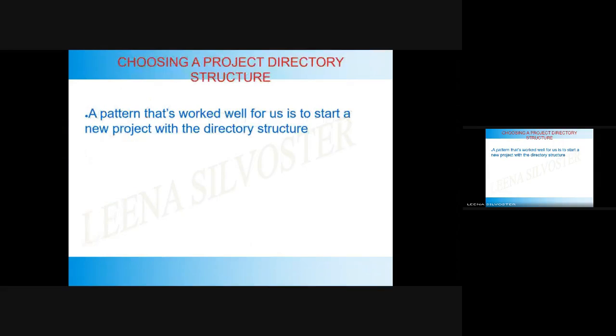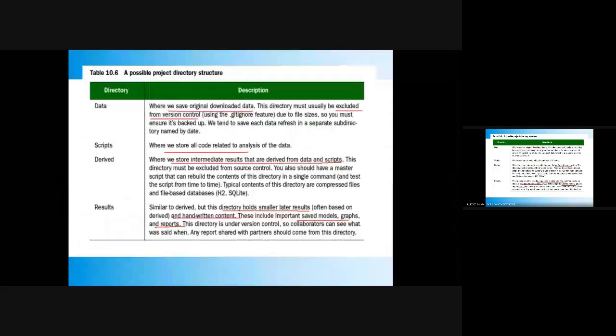Okay, choosing a project directory structure. A pattern that has worked well for us is to start a new project with a directory structure. Possible directory structure: first one, data. Data means we store the original downloaded data.